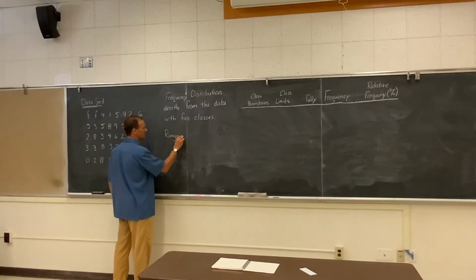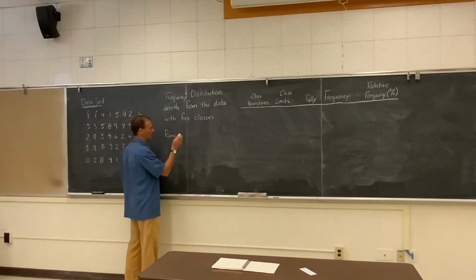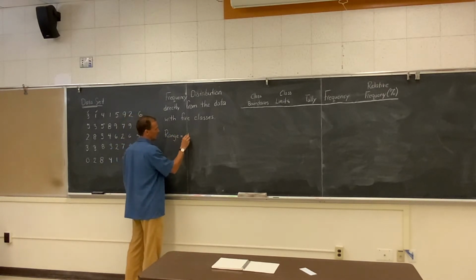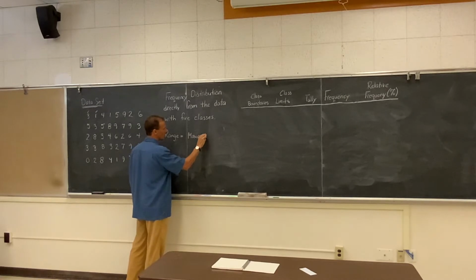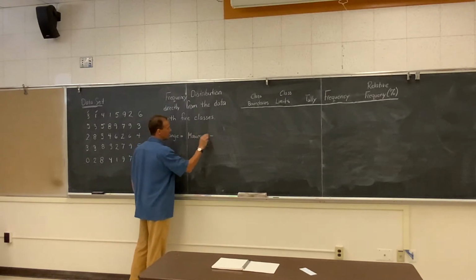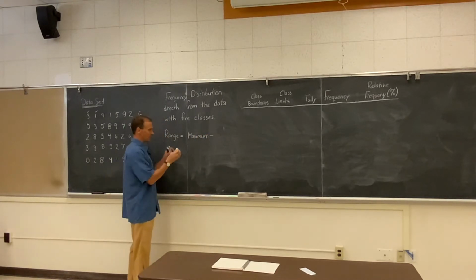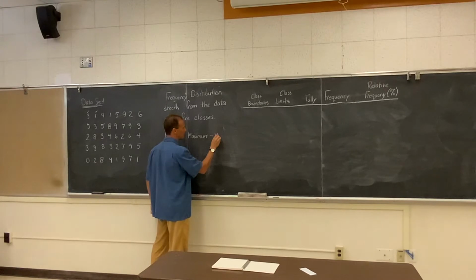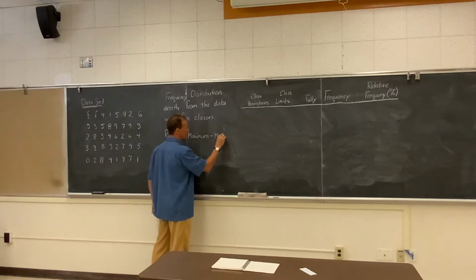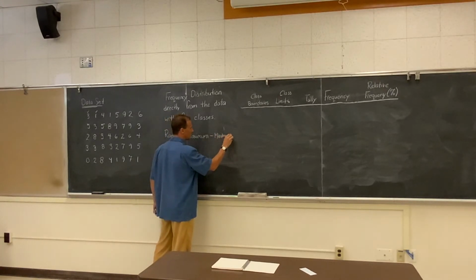The range means we need to find our maximum, or highest value, minus the lowest data value. That's the amount of data included, the distance between them: maximum minus our minimum data value.